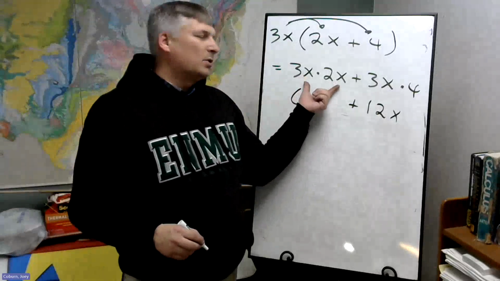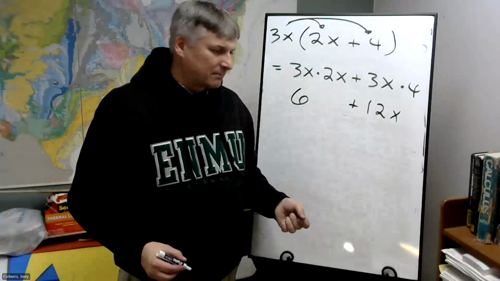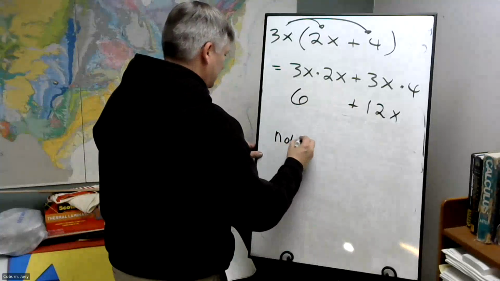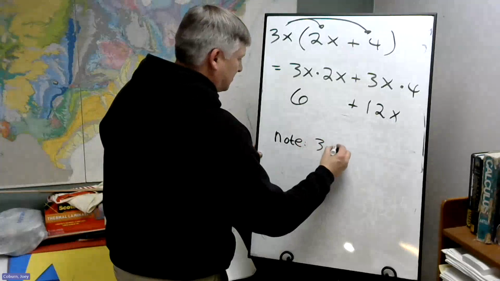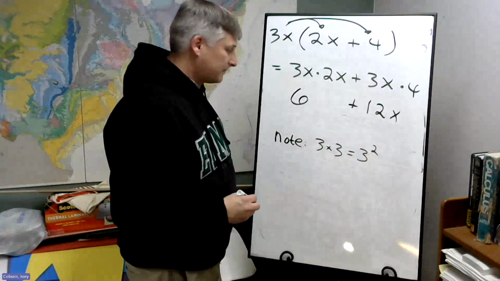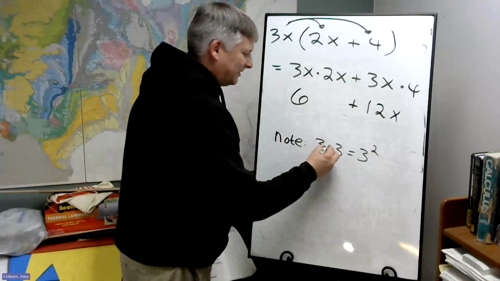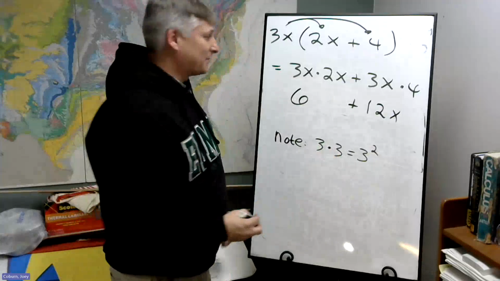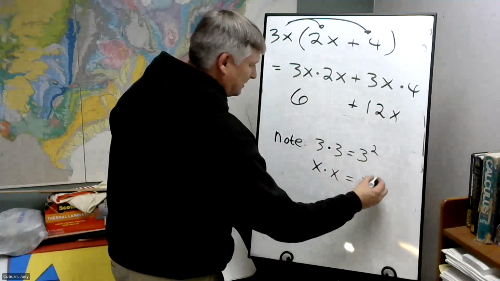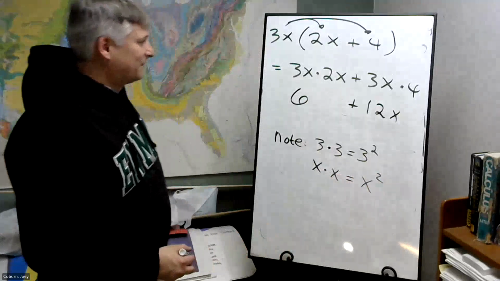But what happens when we multiply x times x? Well, recall that 3 times 3, we would call that 3 squared. I'll use a dot here. It's the same with x. X times x is x squared.